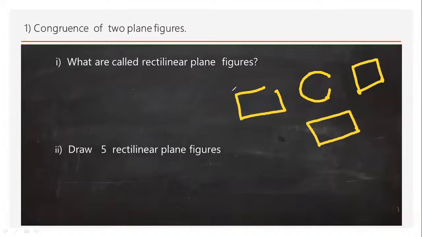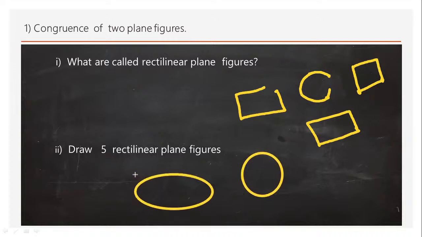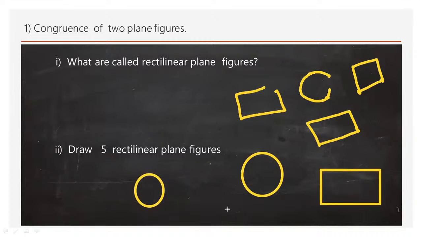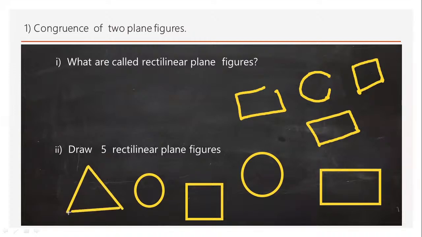From this, we have to talk about rectilinear plane figures. If we examine a few figures like these, circles, rectangle, squares, and if I draw a triangle, you can see these figures are bounded by straight lines, while those are bounded by curved lines.